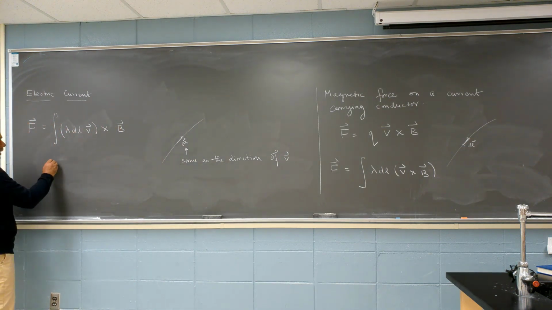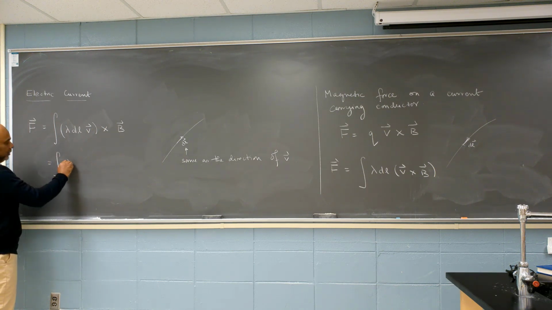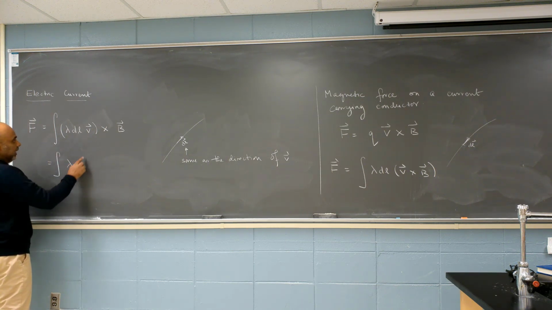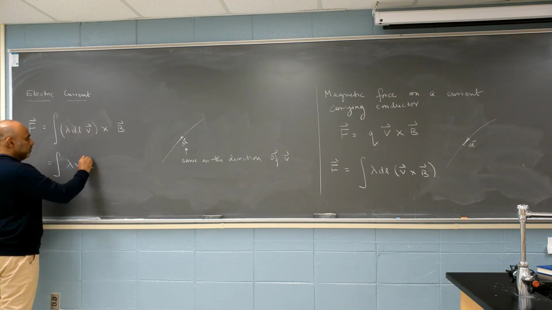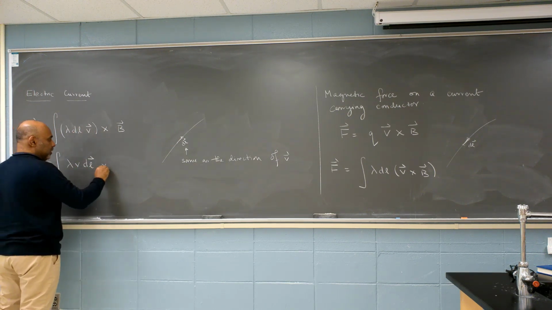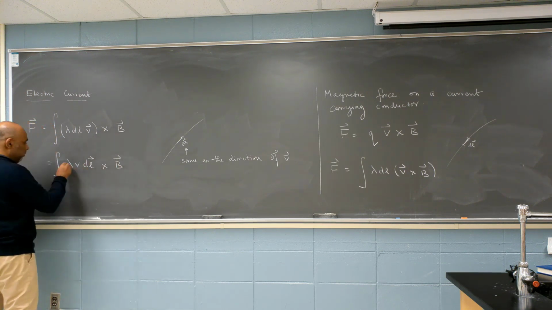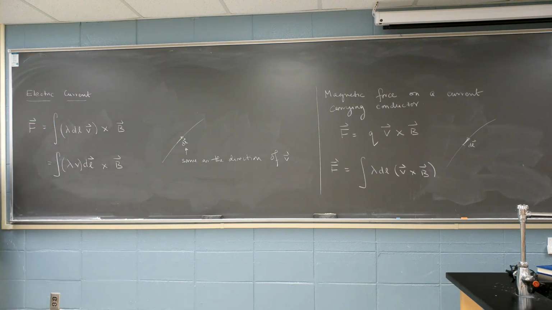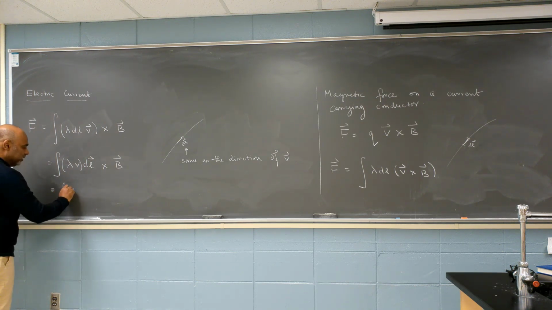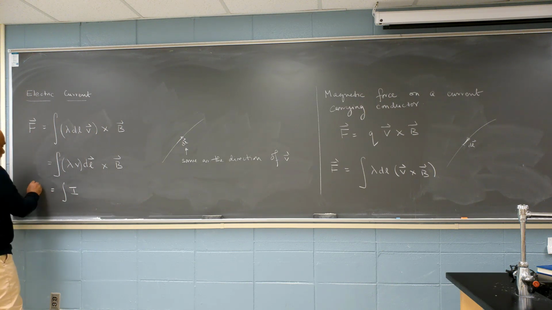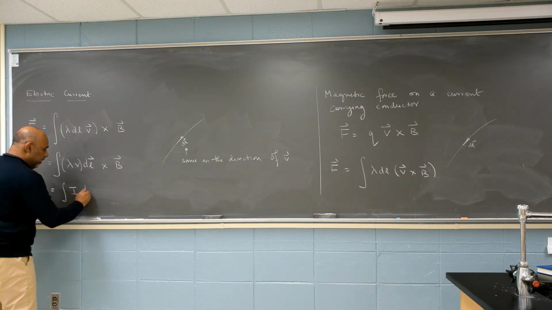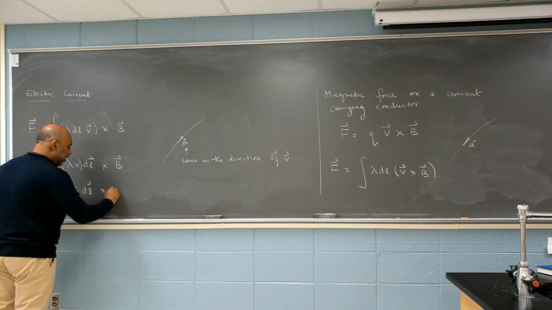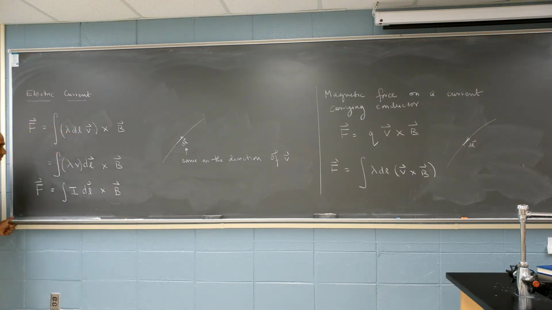So it looks silly, but I'm going to bring this V over here and put the vector on dl. We just talked about this. This is the current. So traditionally, the force on a current carrying wire is, remember, the expression I dl cross B. And this is the expression that we seek.